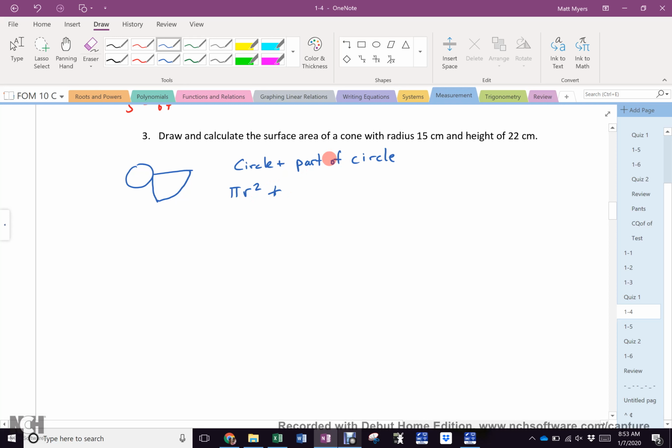Well, if it's part of a circle, since it's a circle, what must be involved in the area? What weird number has to be part of the area of part of a circle? Pi. Pi must be involved here, yes? And since it's a circle, what else must be involved?